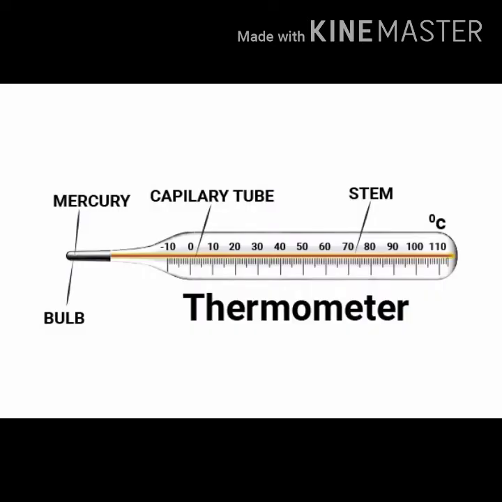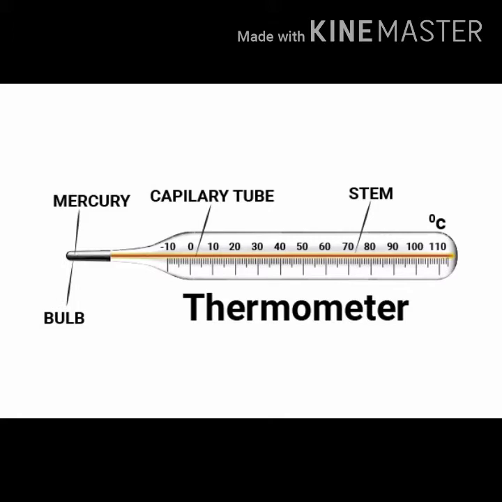Liquid thermometers have a long stem with a bulb at the end. Temperatures are marked on the stem in degrees. The stem has a very thin tube inside it called a capillary tube. You can see in this picture the structure of a thermometer, with the bulb at the end.